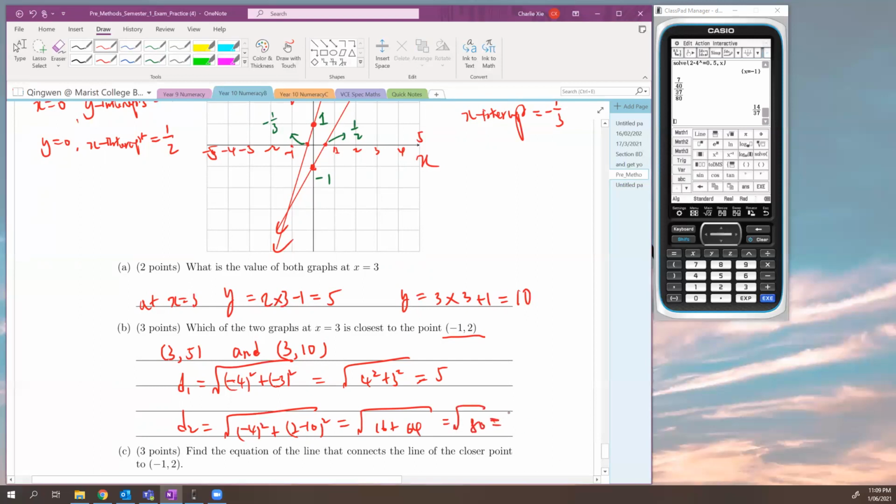And it's definitely greater than 5. That's approximately, you can use your calculator, square root of 80, which is 4 root 5. If you click standard, it becomes decimal, it'll show you the decimal answer. Okay. It's approximately 8.94. Okay.